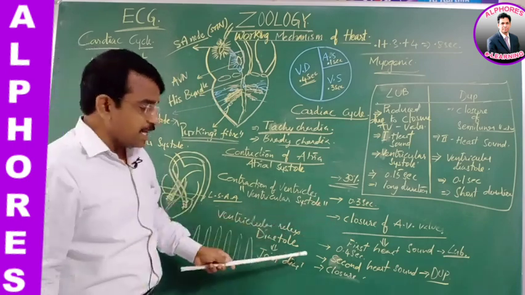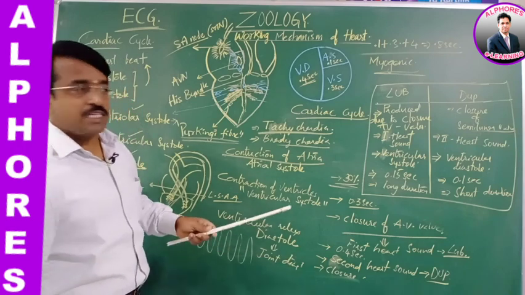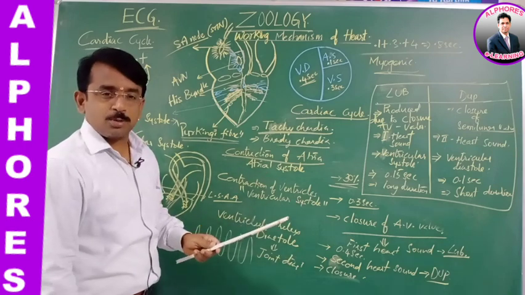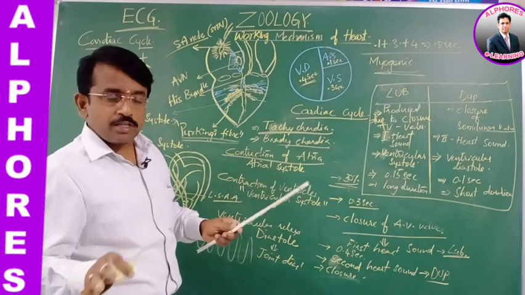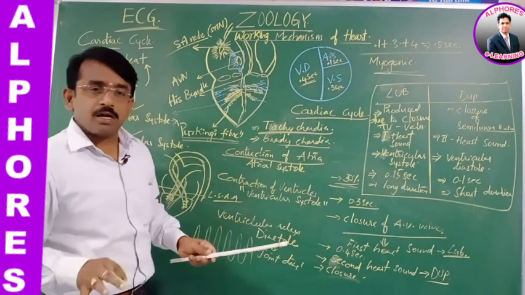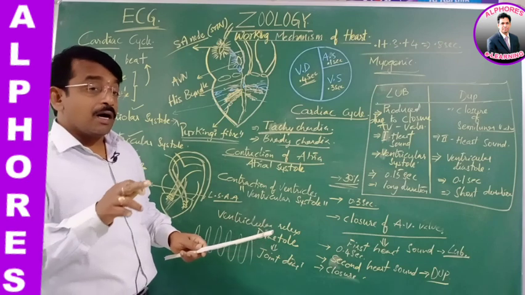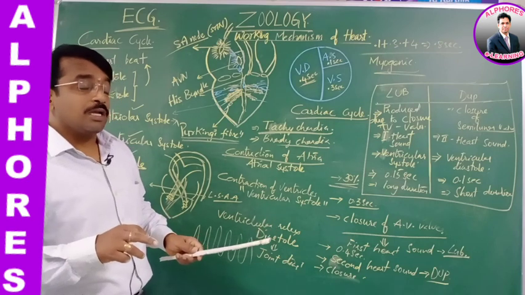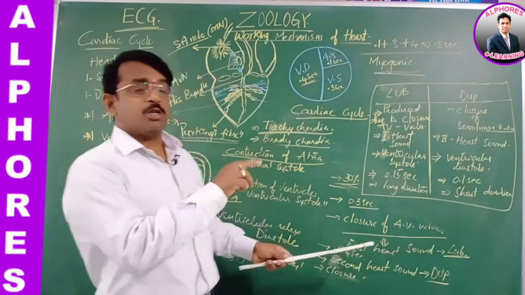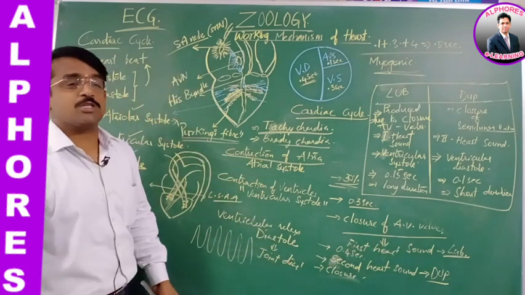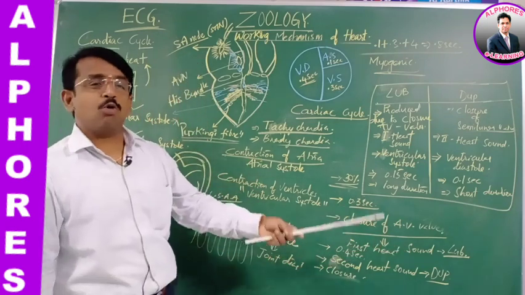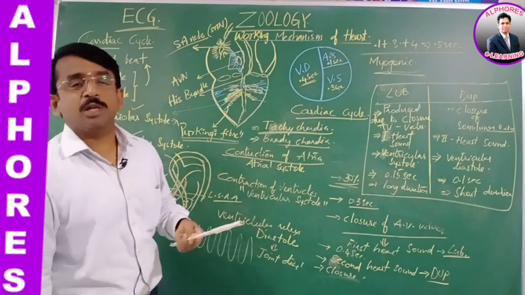Now the ventricles relax. Relaxation of the ventricles is the ventricular diastole, in which the two ventricles relax and pressure decreases. Then, the closure of the AV valves during ventricular systole opens the semilunar valve.